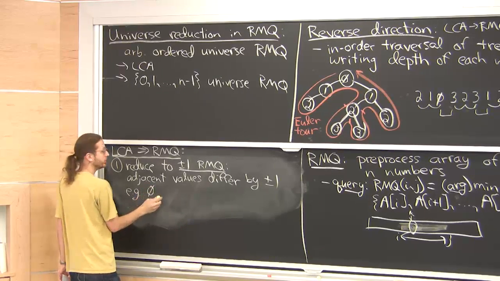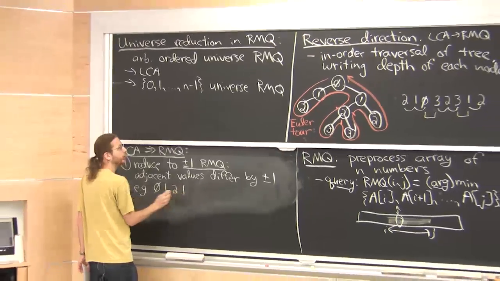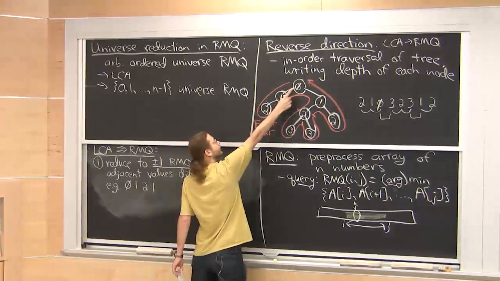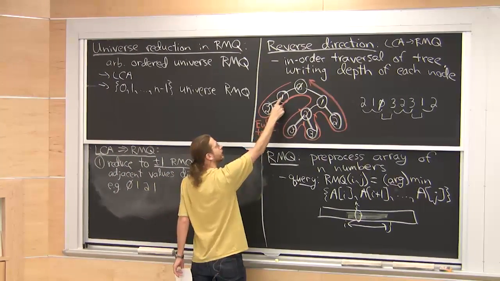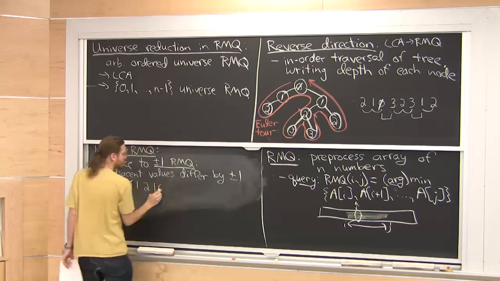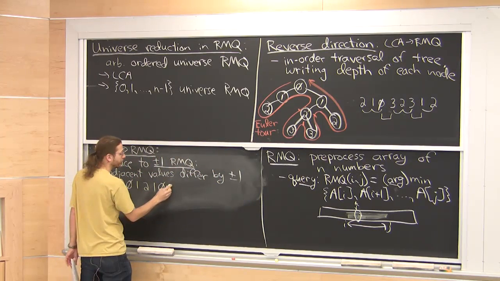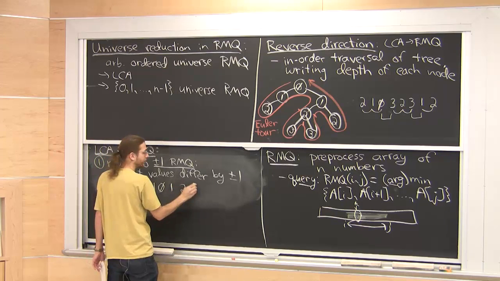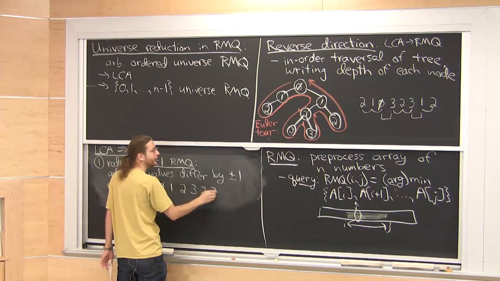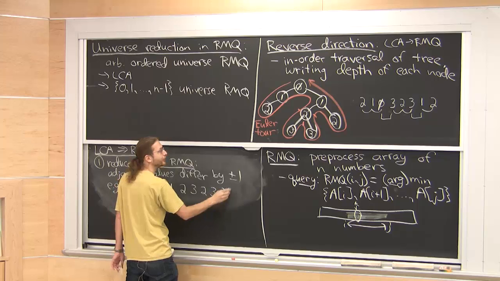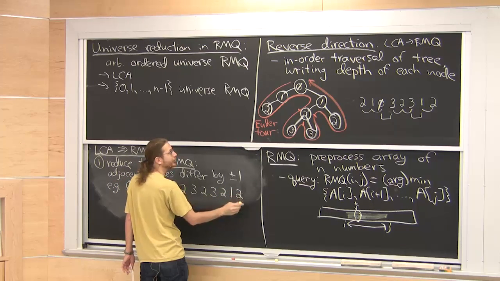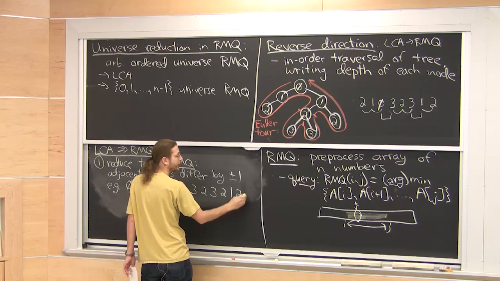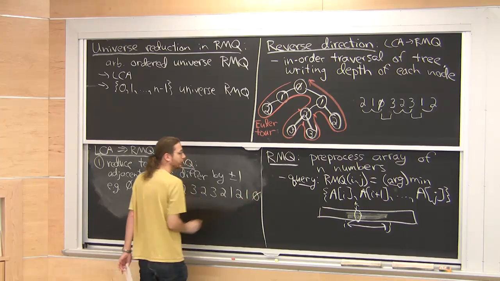0, 1, 2, 1. That's, I go 0, 1, 2, back to 1, back to 0, then over to the 1 on the right, then to the 2, then to the 3, then back up to the 2, then down to the other 3, then back up to the 2, back up to the 1, back down to the last node on the right, then back up and back up.